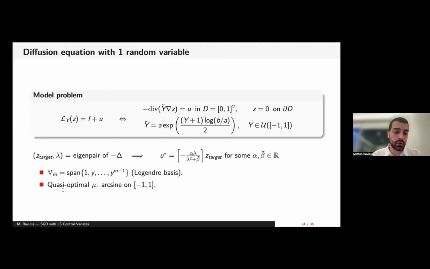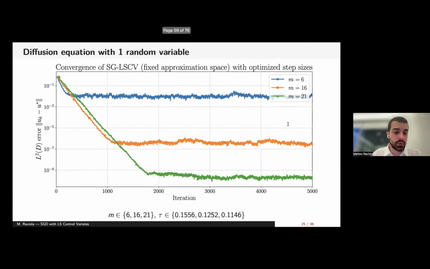And we use the Legendre basis, and we use the quasi-optimal arcsine distribution on -1, 1, right? Because the base measure is uniform. And this is how the picture looks. So essentially, we have here the convergence of the fixed subspace algorithm that I just presented for different sizes of the approximation space, right?